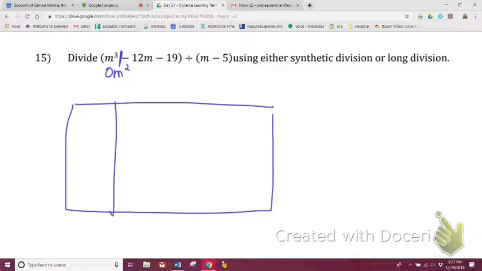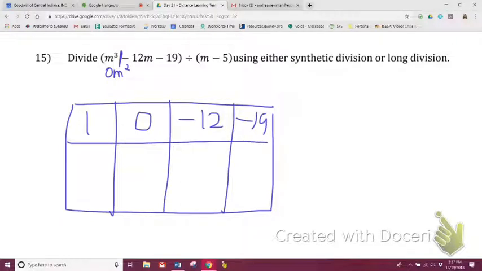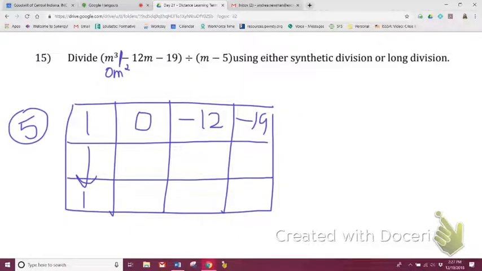So we have a 1, a 0, a negative 12, and a negative 19. What's your magic number? 5. So bring that first coefficient down, and we're going to do exactly what we did on that last question.